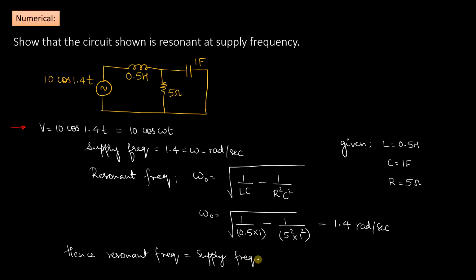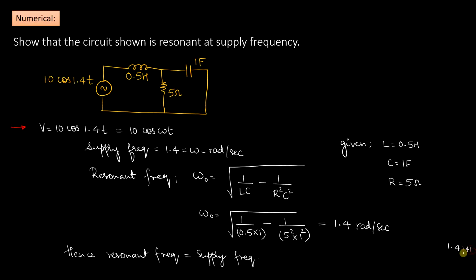Clear? Now in this same numerical, you might say that we have derived the expression for omega naught previously, not in the practical cases. When we saw series resonance and parallel resonance, the expression was omega naught equal to square root of 1 by LC, only this particular term. If you use that term, you might get the result somewhere as 1.4114 something.